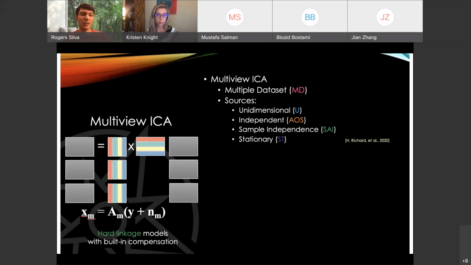Because it's assuming that the sources are still identical across all subjects, I still classified it as a hard linkage model. But in this case, it has a built-in compensation, is what I call this. This built-in noise on the sources from each subject tries to characterize the variability from the mean and capture subject specificity.